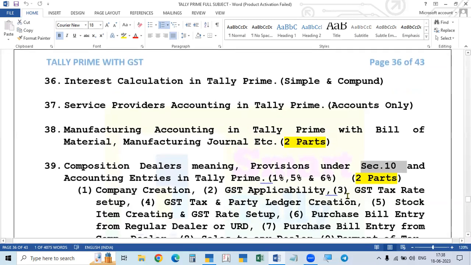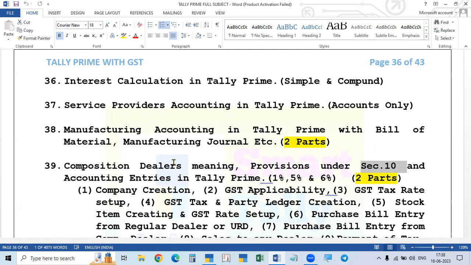These composition dealers need not maintain many books of accounts, and they need not file returns every month, which would be a lot of returns in a year. They have to file only one statement, not a return, every 3 months, that is quarterly.